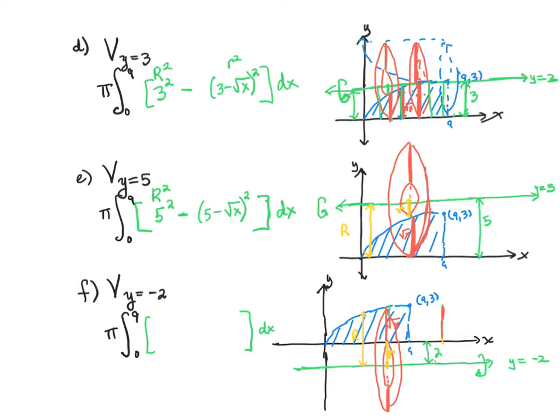So that would be (root x plus 2) squared. That's the outer radius. The inner radius is always 2, because notice that the distance from the bottom of the rectangle to the axis of revolution will always be 2. So we subtract 2 squared. And that would be the integral for that piece.